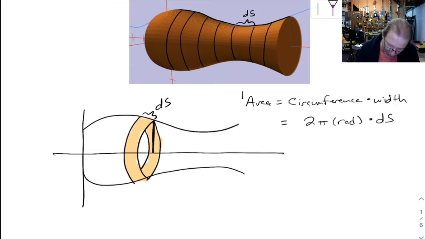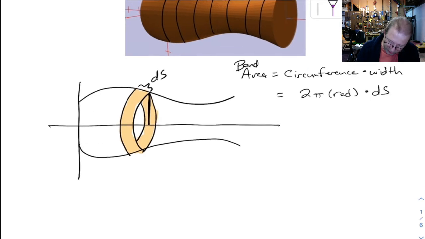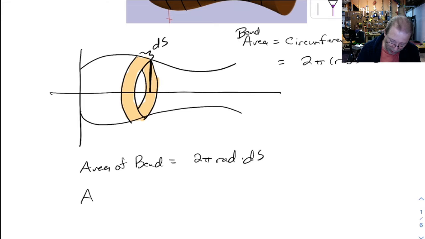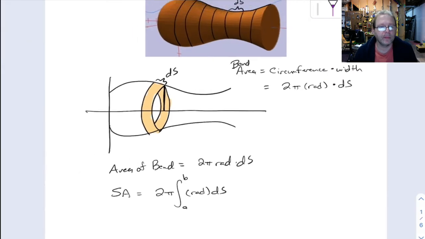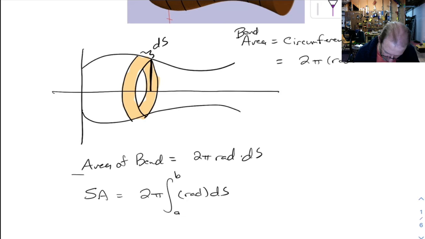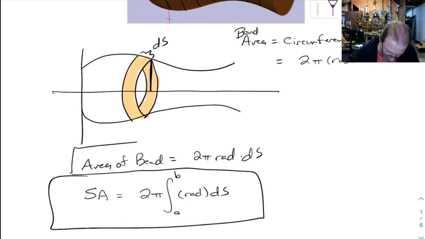So the area of the band is 2 pi radius times ds. And the area of the whole thing, I'll call that the total surface area, SA, is the integral of that. You integrate 2 pi times radius times ds from a to b. So that's the formula to memorize here. Well, that and this, I guess.